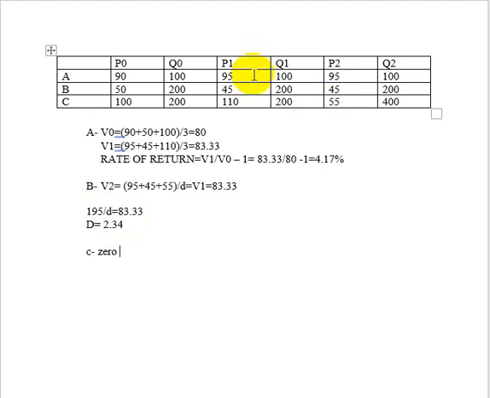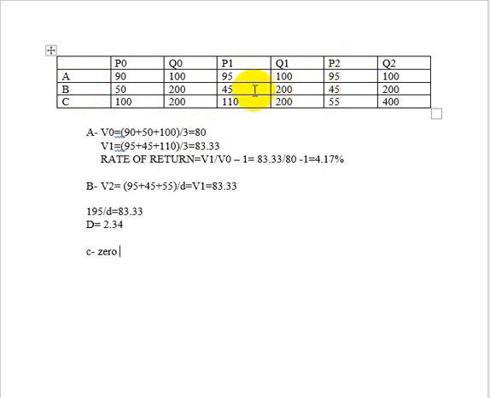Why is it so? Because as you can notice, the change will be equal to 0. Stock A price did not change from P1 to P2. It was 95 and it remained 95.